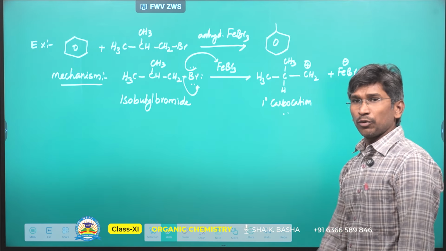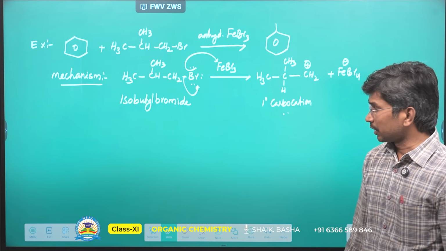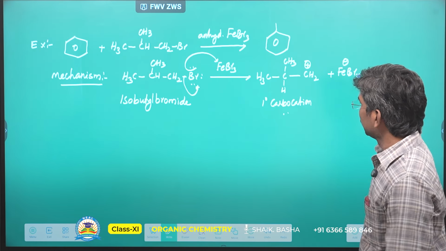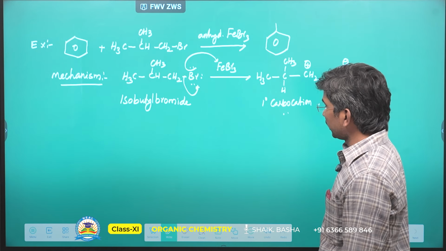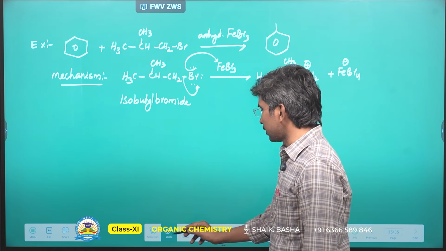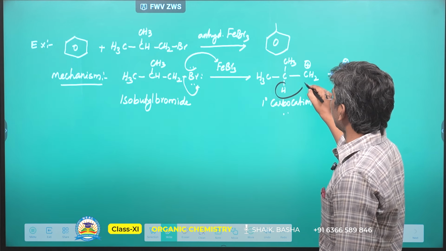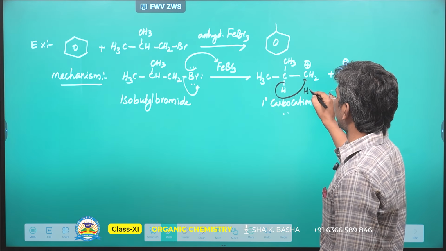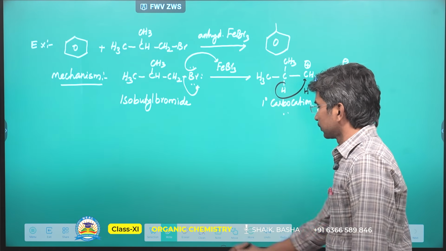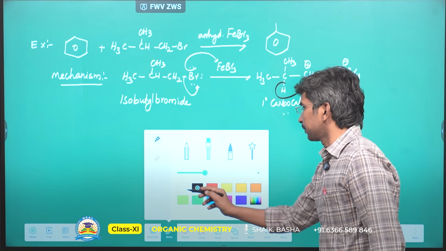Which is the more stable carbocation? More stable is tertiary, than secondary, than primary. Then, is there any possibility to get the more stable carbocation by rearrangement? Yes, 100% rearrangement is possible. Hydrogen migration takes place. H minus is migrating. So, what is the product here?